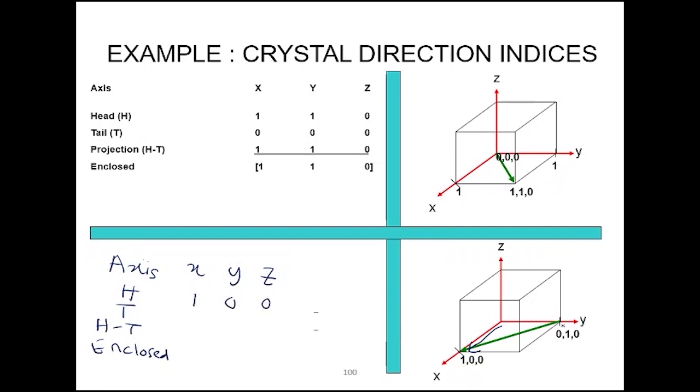And then for the tail, it moves 0 in x direction, 1 in y direction, and 0 in z direction. So 0, 1, 0. So for the projection, 1 minus 0 is 1, 0 minus 1 is negative 1, and 0.